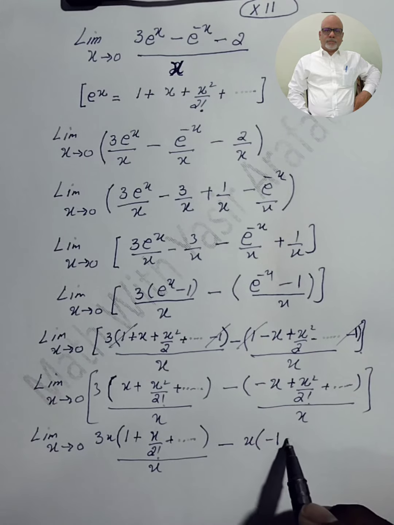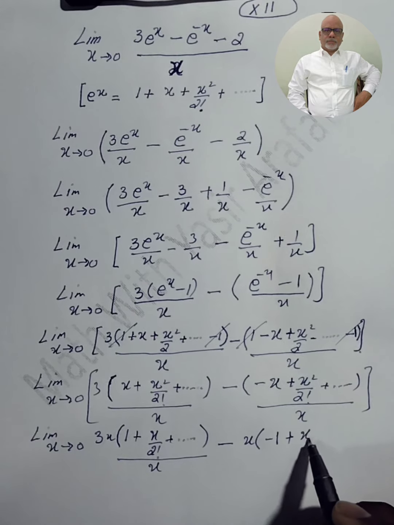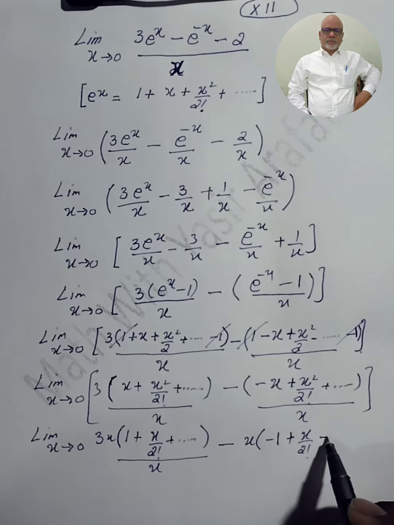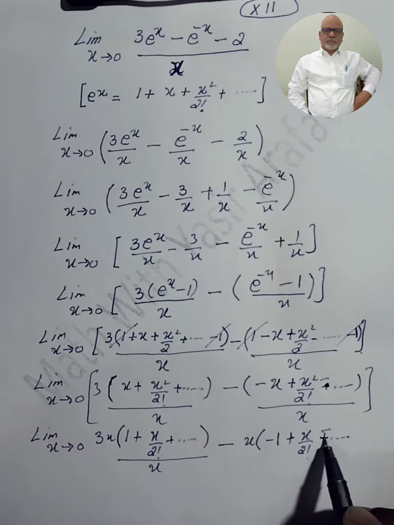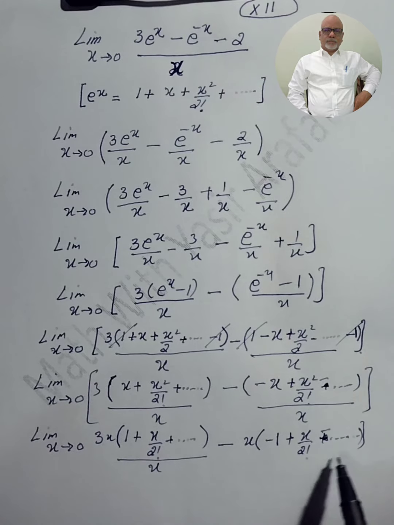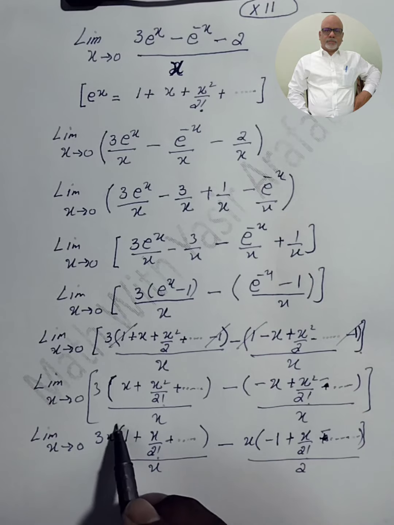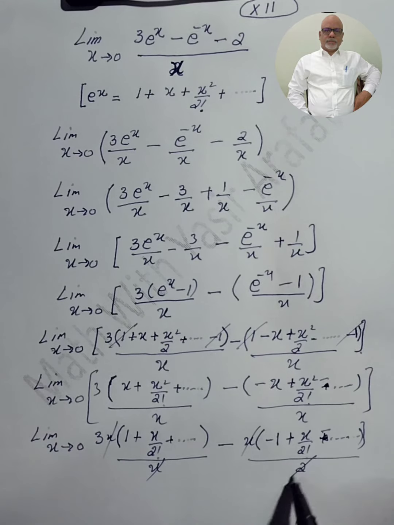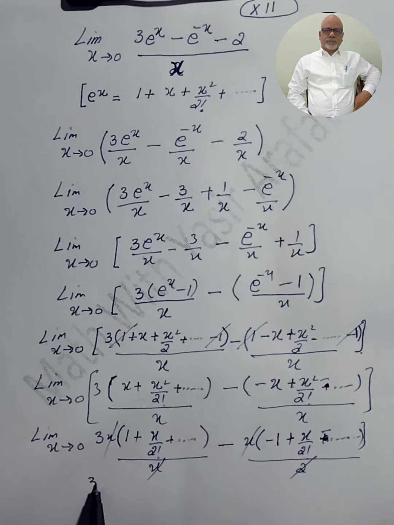So this is minus 1. This is x square. One factor we have to take out common here. So this is x over 2 factorial plus 1 and so on, whole divided by x. Now this x will cancel out with this x, and when we apply the limit here, that is x tends to 0, the remaining factors become 0, and we just have 1 in the bracket after applying the limit.